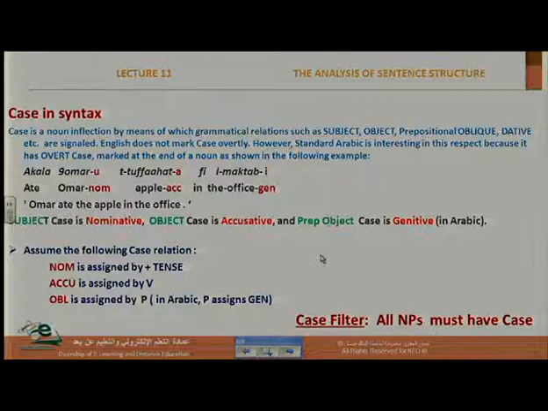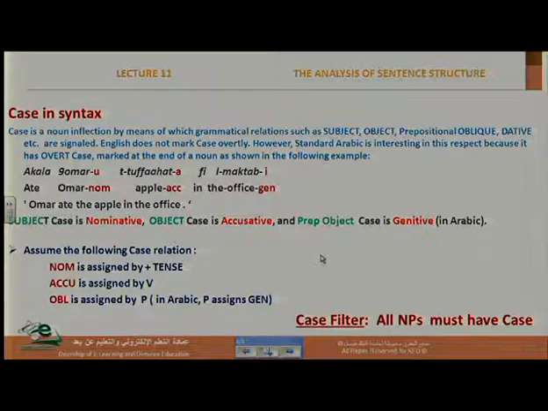Okay? It is marked with the genitive, al-kasra. And it's the same kasra that we find in other situations of so-called construct state constructions, i.e. mudaf and mudaf ilayh, idafa bisifa amma. Now, Arabic has only 3 cases. Other languages may have more than 3. There are languages that have as many as 7 or 8 cases.